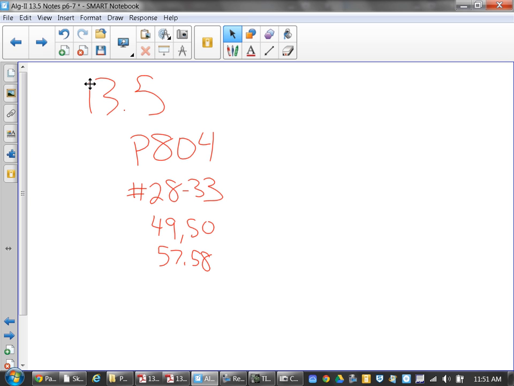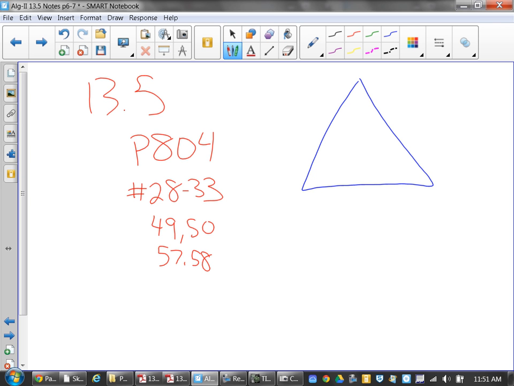If you have a setup like this, 57, 13, and 5, can I do law of sines to solve that? No, because I have one angle, no side opposite it, and no other angles. I have to use law of cosines. Now, if I have this, I can do law of sines because I've got this scenario.